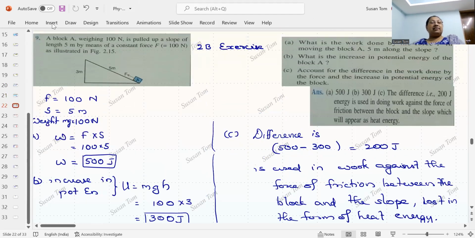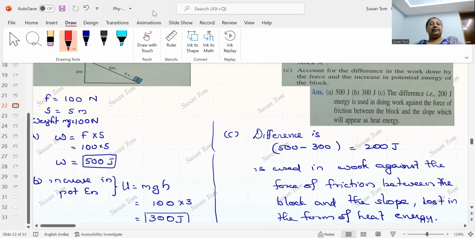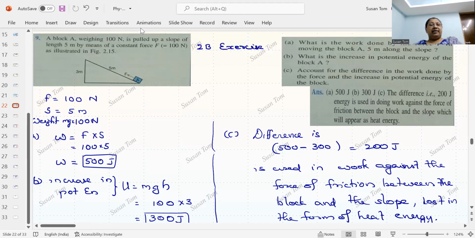Next question, carefully listen. A block A of weight 100 Newton is pulled up a slope of length 5 meters by means of a constant force F, which is 100 Newton.